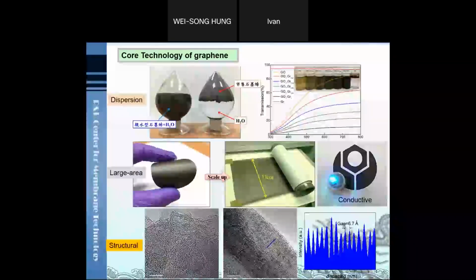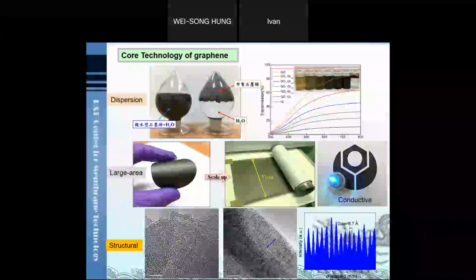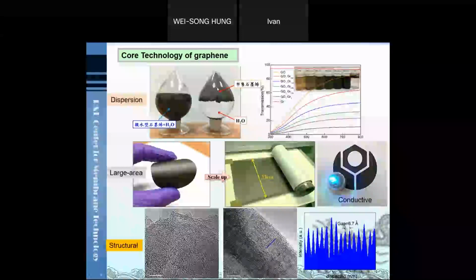In our lab, we also consider how to improve the graphene technology. The first important thing is how to disperse the graphene in water. From the photo, we can see if we add the graphene in the water, it will separate, because graphene is a hydrophobic material.